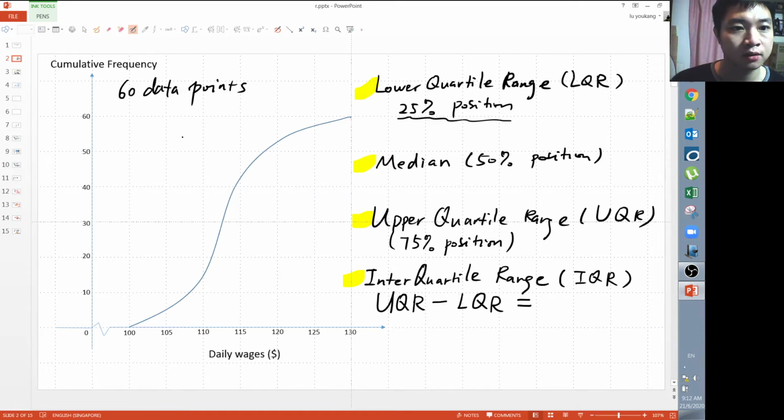All these data points are about daily wages, so we have 60 daily wages given.